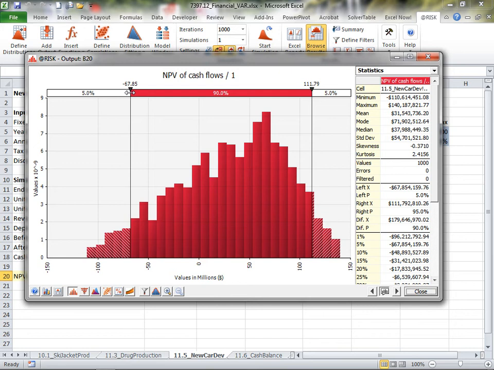It just means that your return on this project is less than your required return to the tune of $68 million. But it doesn't mean you're losing money.